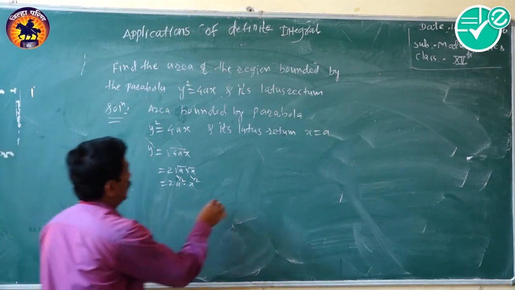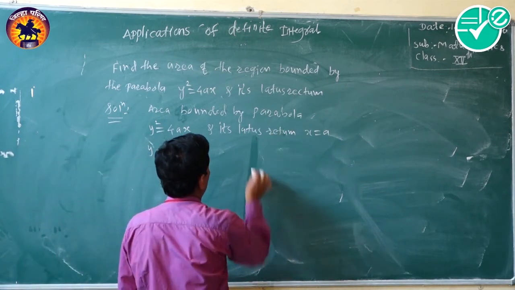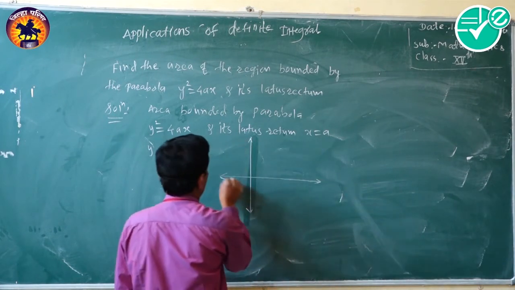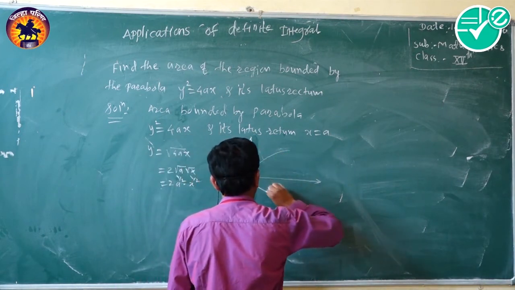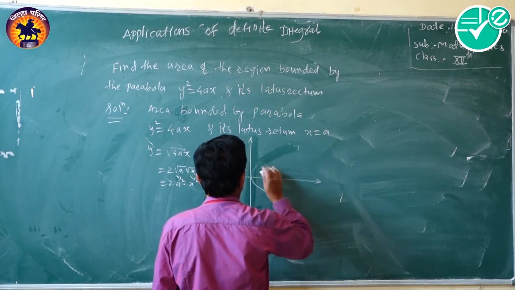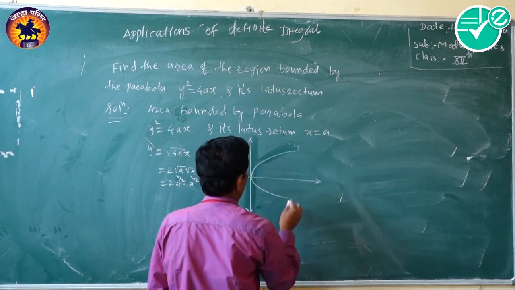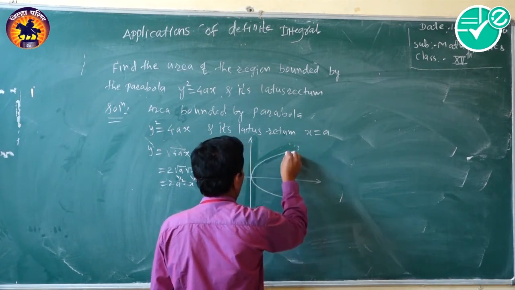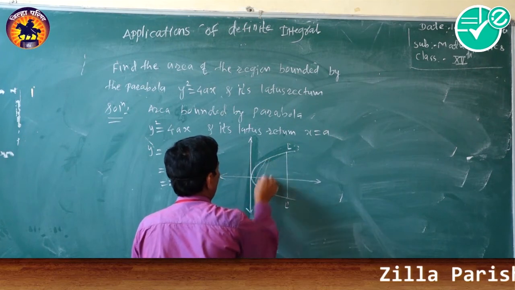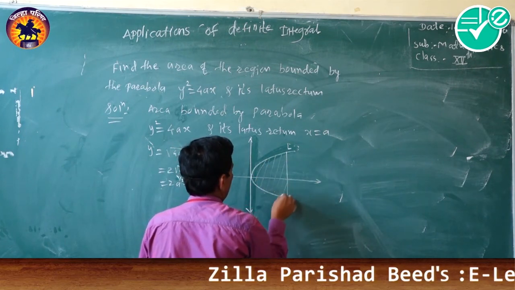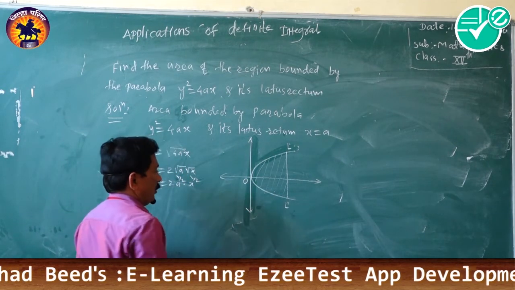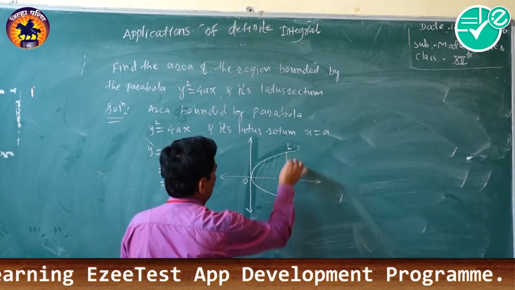Now, this can be plotted. This is the parabola, and this L dash is the latus rectum.